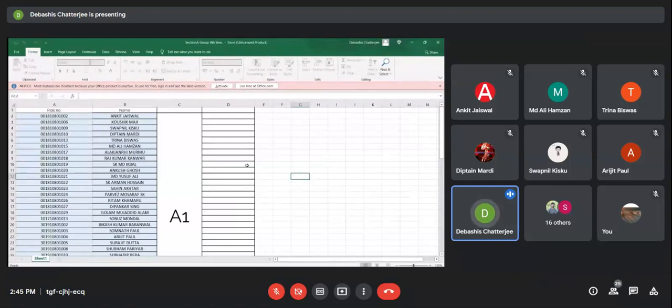Then Alak Jarni Murmu. Present, sir. What is your name? Alak Jarni Murmu. So you are actually roll 17. So this group is of 3. Or you need another one? No problem, sir.